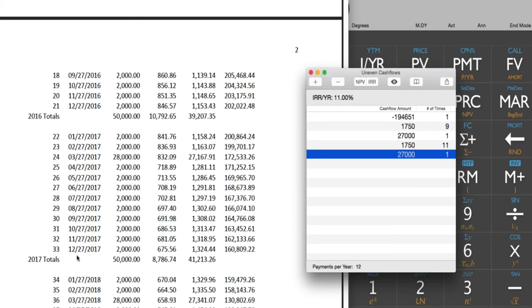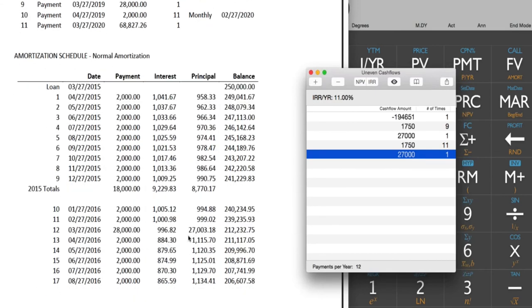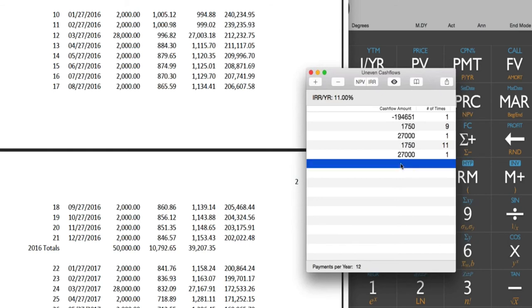But how many payments more is that? 33. I would get 1, 2, 17. So now I have to get this back again, don't I? 1,750.